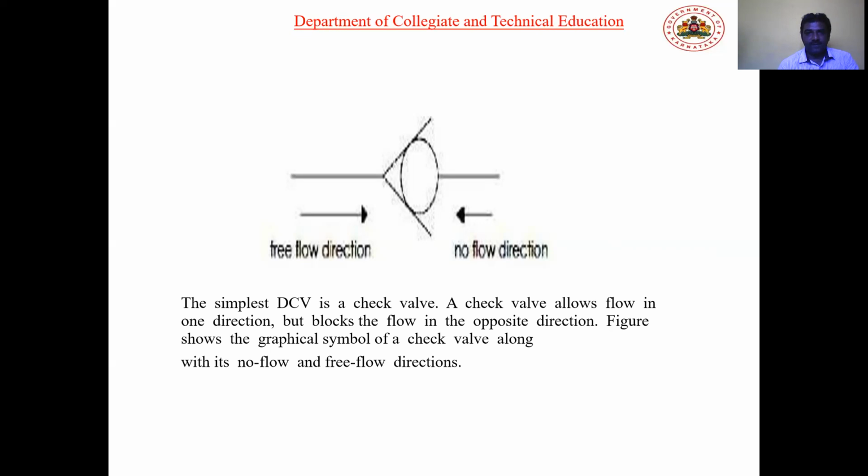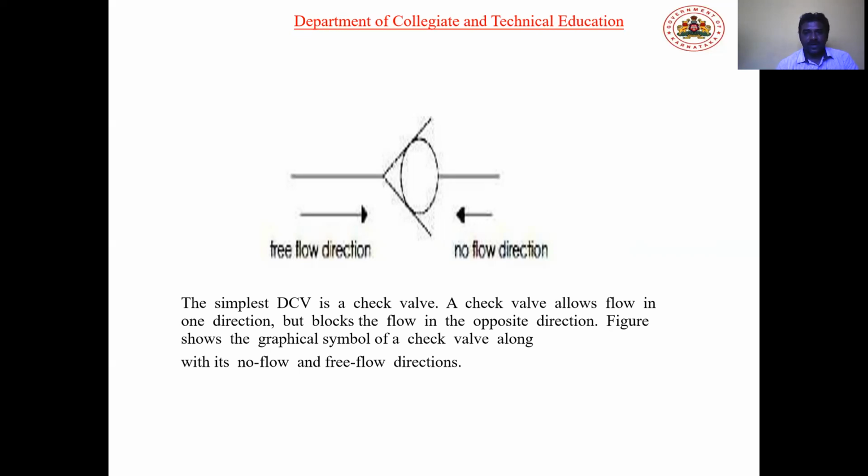Here we can see the valve has free flow from left to right. The free flow direction is indicated by an arrow representing flow occurring from left to right. Another direction is represented from right to left, which indicates that there is no flow, or the flow is blocked.